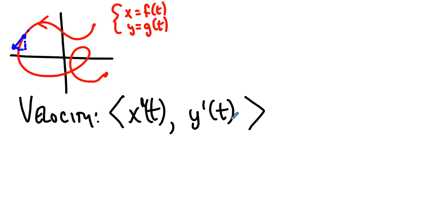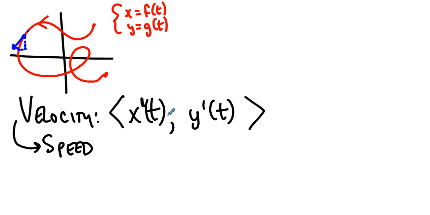Why is that important? Because speed comes from a direct corollary of what velocity is. In the plane, we can measure speed as the magnitude of the velocity vector. When we had one-dimensional motion, we just took an absolute value. That's the magnitude of a vector.